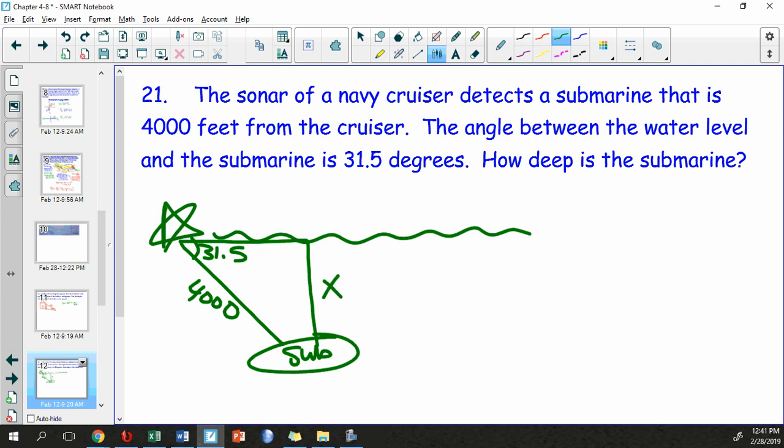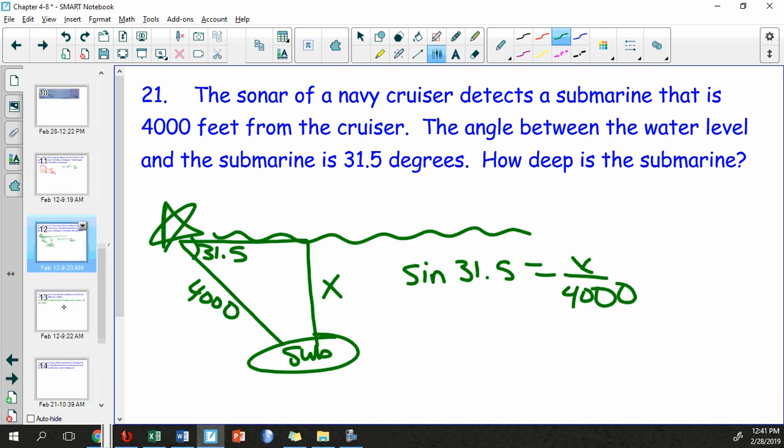So what trig function are we talking about right now? Opposite over hypotenuse. Very good. So we have the sine of 31.5 is equal to x over 4,000. Do you know how to solve it from there? Yes, you do. Do we understand that problem? How many of you got that yourselves? Excellent job. Okay, next one.